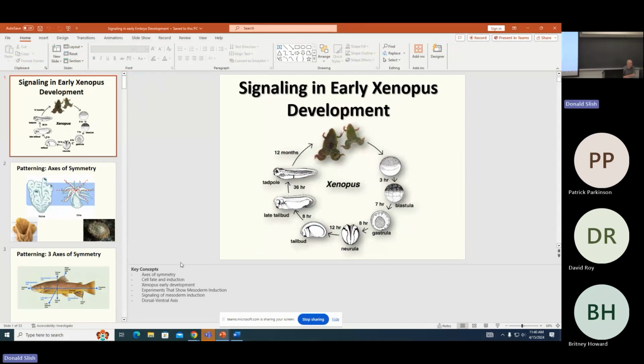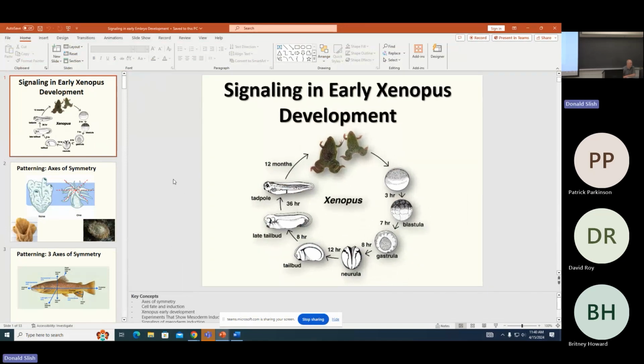All right, Xenopus laevis. Xenopus is the African clawed frog. You can buy them, I think, in the US to have in your aquarium, but if you have one of these in your aquarium, it's the only thing you're going to have in your aquarium soon. These are voracious little guys. I used to do research with them.